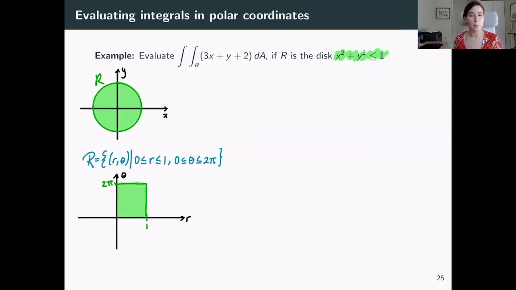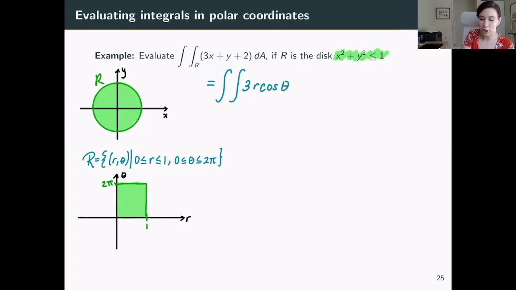Now we're at a point where we can evaluate this in polar coordinates by making all of our substitutions. We switch our original integral, changing our limits of integration, but first I think it's helpful to write out the inside. We're going to change our x's to r cos theta, so we'll get 3r cos theta.